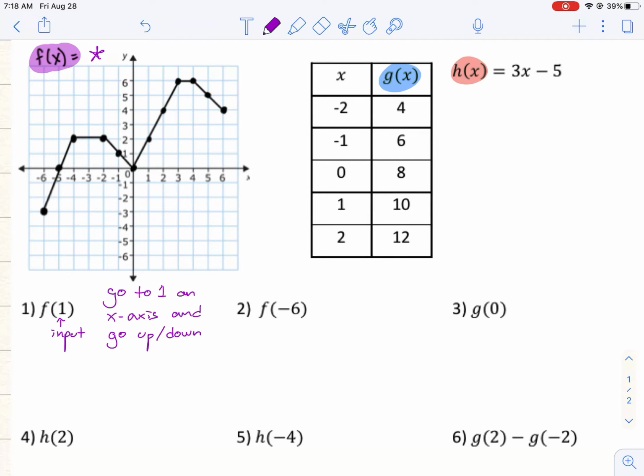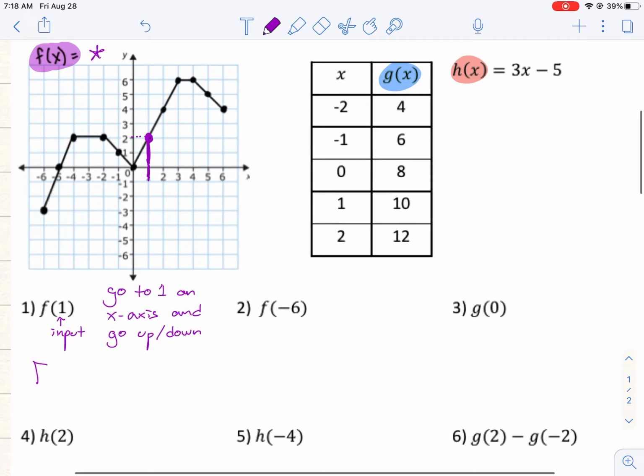Here's 1 on my x-axis, right? If I go up to where my graph is at this point, it's at 2. So f of 1 is equal to 2.